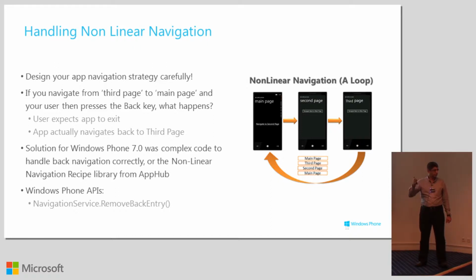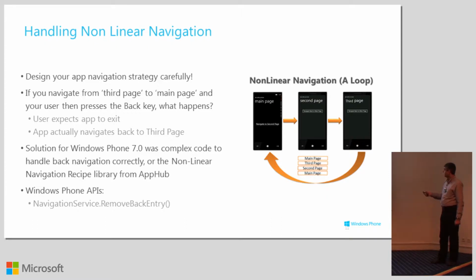There's no linear movement of the pages. The guidelines are that if a user moves to the home page and clicks the back button, then you should close the application. If you do not incorporate this, then your application can fail certification.